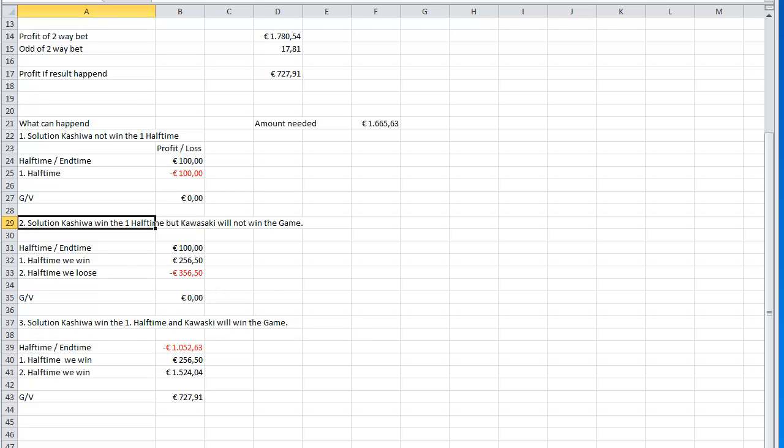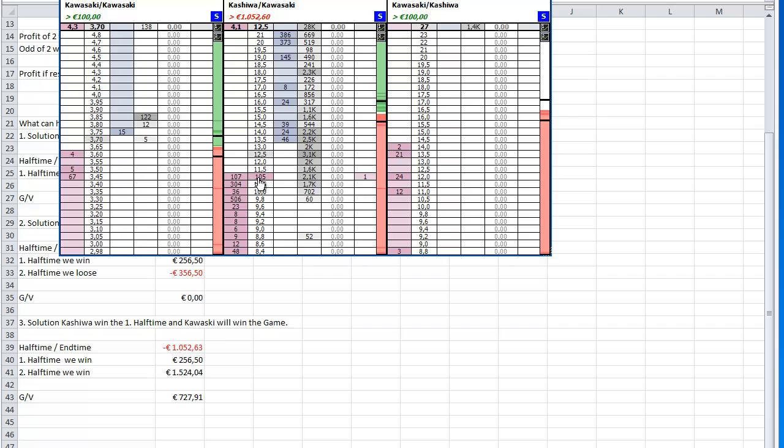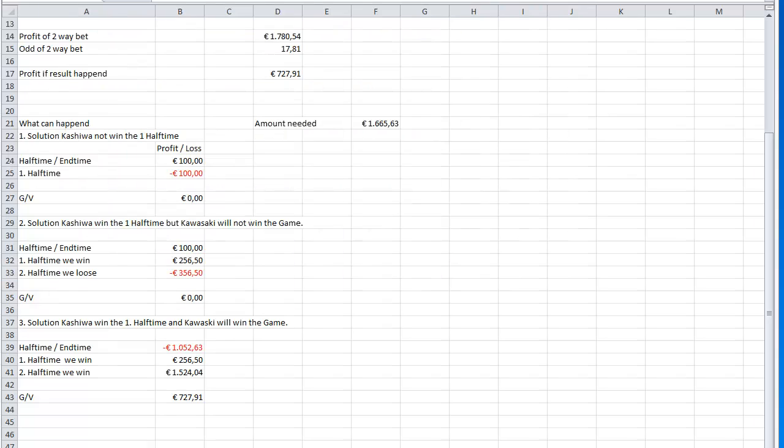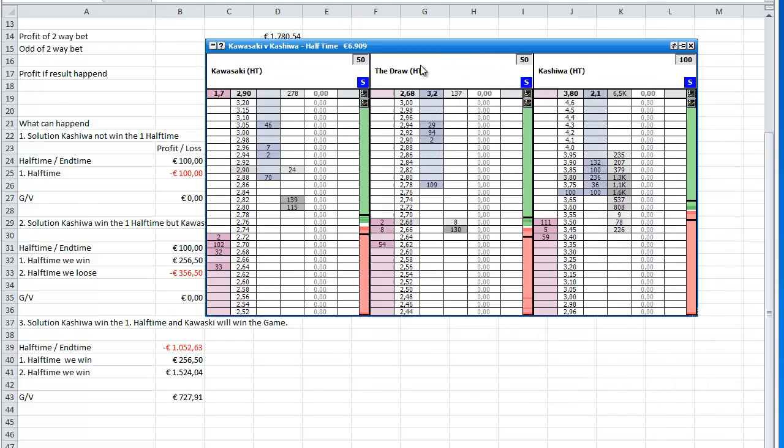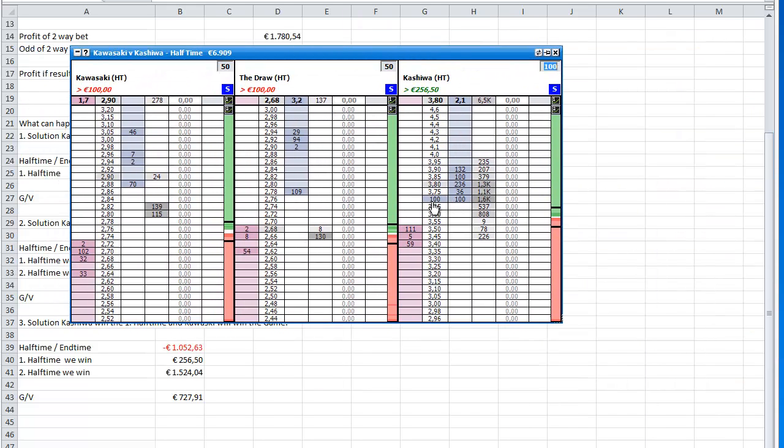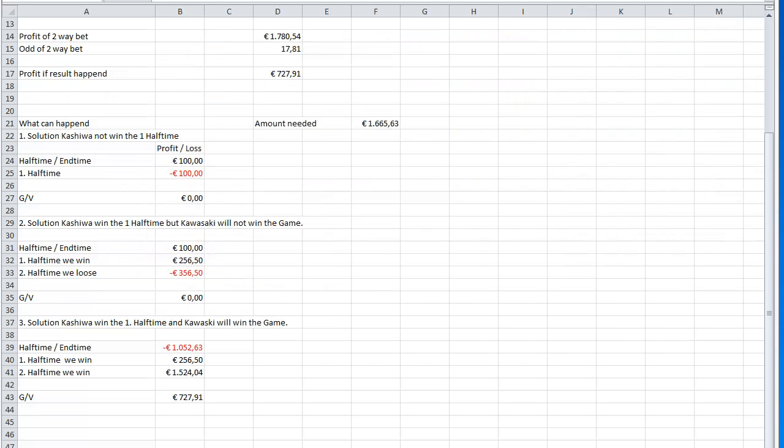So at the halftime full-time market we have lost 1,052.63, but we have won at the first halftime because we placed 100 euros there, and we will win at the match odds this 1,524 euros and 4 cents. So our total balance is in profit, and we have 727.91 risk-free profit if you're using this strategy.